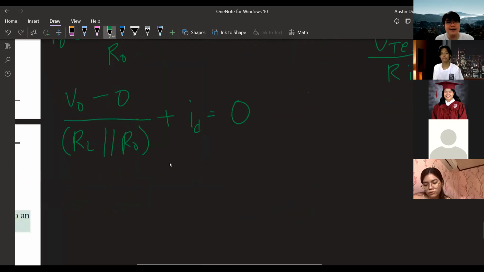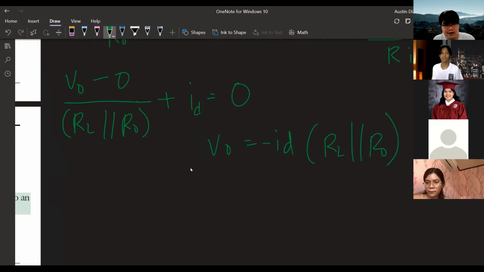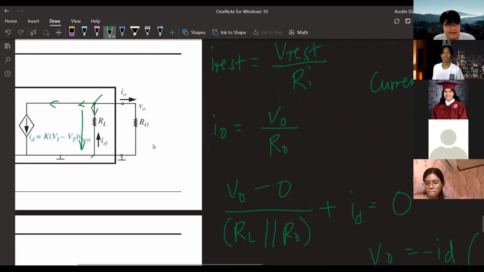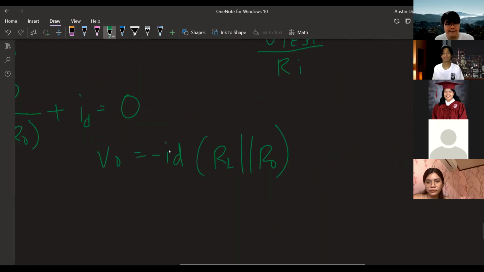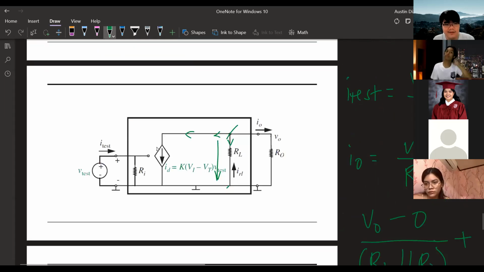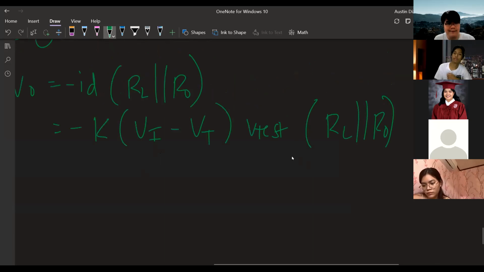So, with this, I have VO to be negative ID, then parallel with RL, RO, and then ID comes in as K times VI minus VT, V test. Tapos, RL parallel with RO. Hindi natin breakdown yung parallel, no?